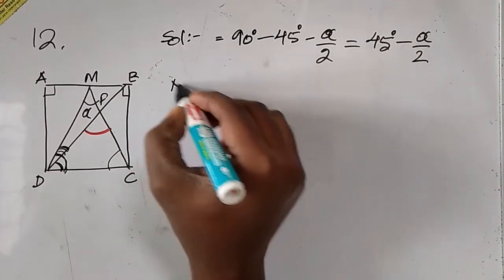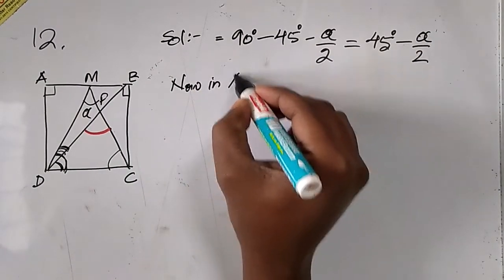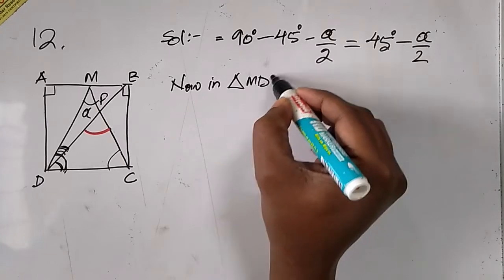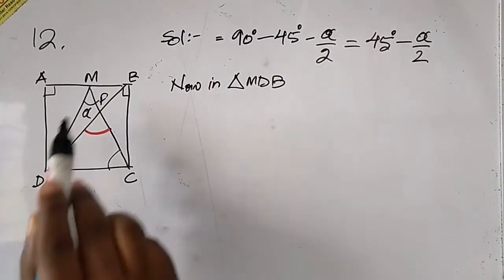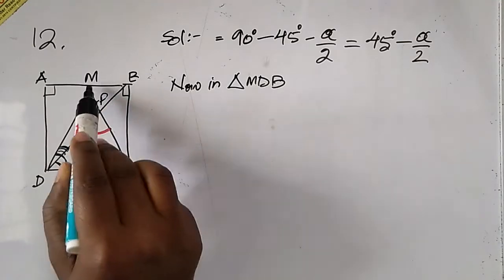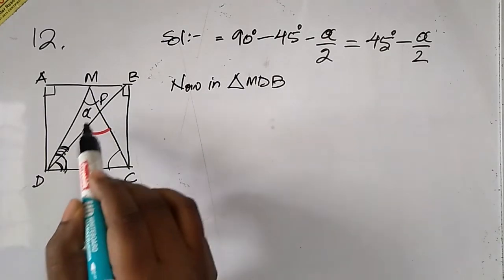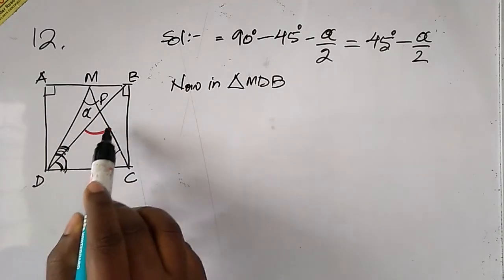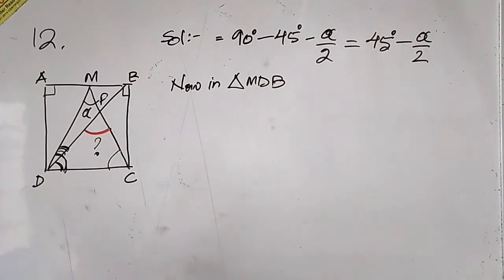Alright, now in triangle MDB, where is the triangle MDB? This triangle MDB. In triangle MDB, which is the exterior angle here? The exterior angle here is angle DPC, the missing angle. This is the angle that we have to find. This is the exterior angle.